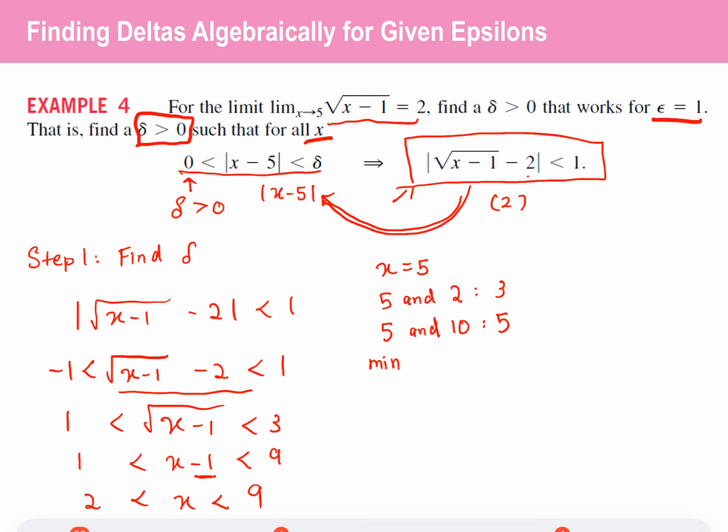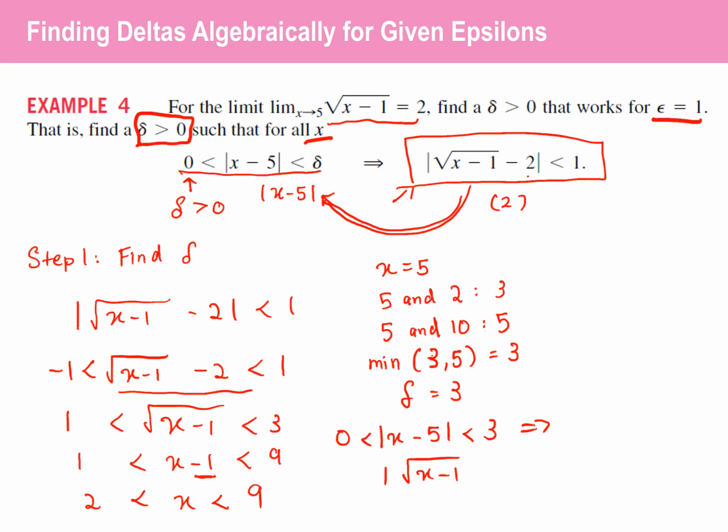The minimum of 3 and 5 is 3, so our delta will be 3. From here, we can conclude that 0 less than modulus x minus 5 less than 3 implies modulus square root x minus 1 minus 2 less than 1.